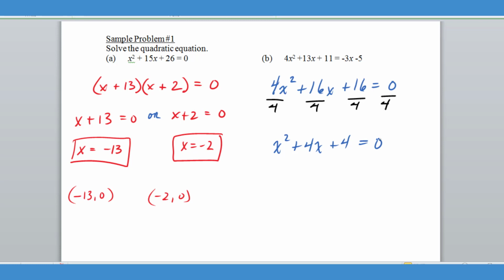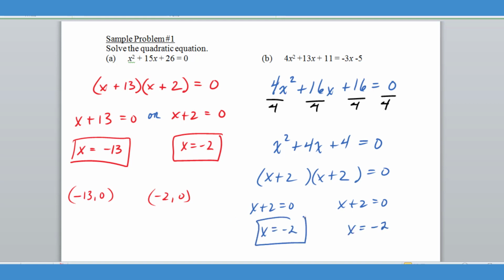It would just have been a random 4 sitting off to the side. So you can factor it out, or you can divide it out when solving. I'm left with x squared plus 4x plus 4, which is a perfect square trinomial, x plus 2 and x plus 2. These result in the exact same answer of x equals negative 2, so we only have one solution, or one x-intercept.